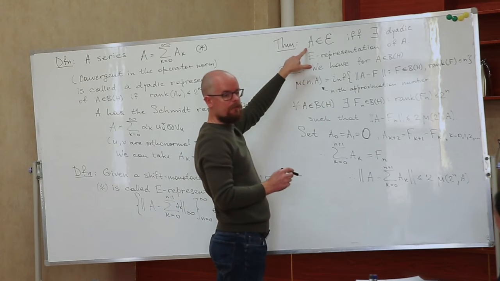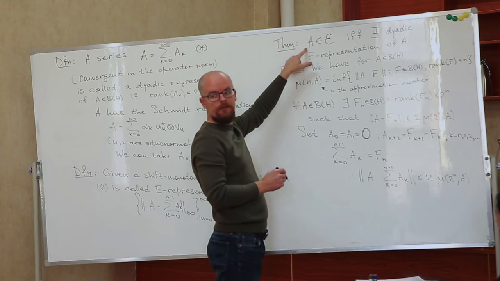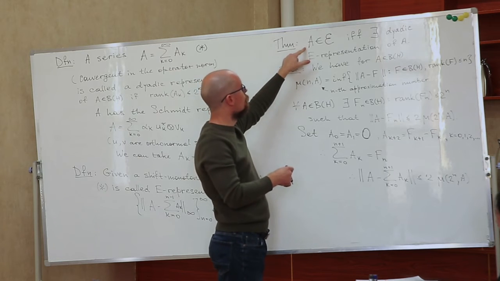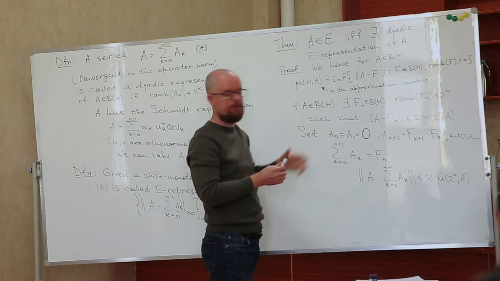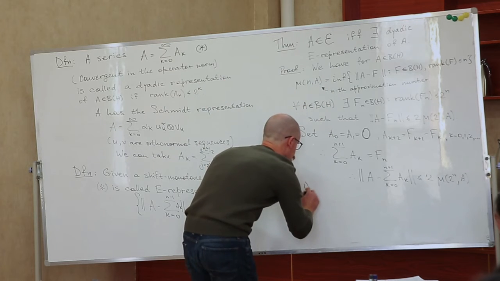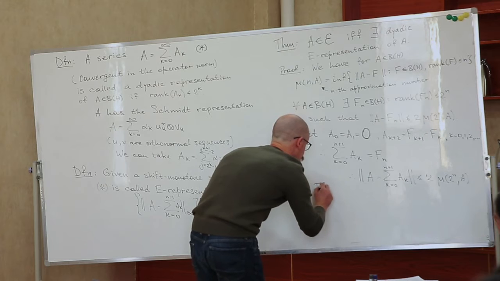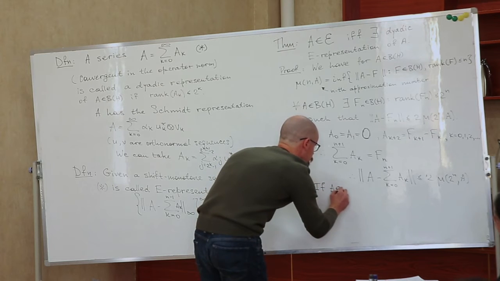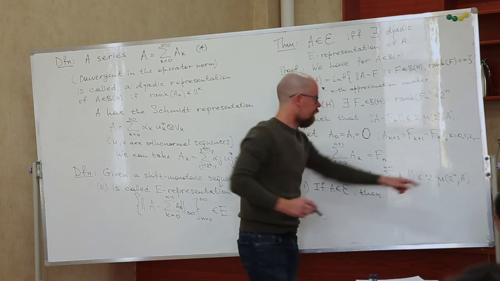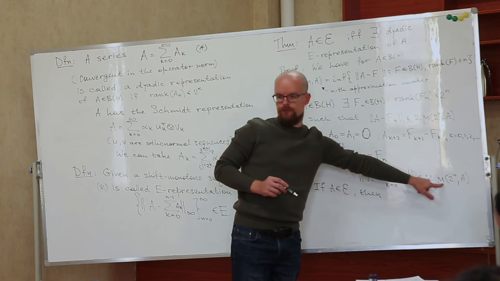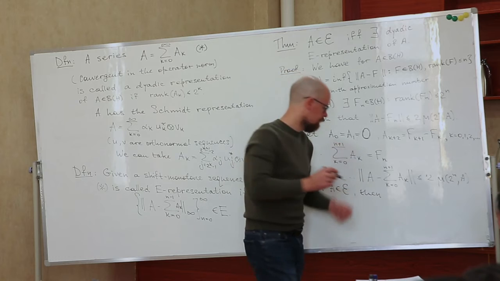Now we're proving that A is in E, so far we just had the observation for every bounded operator. Now let's go with the first part of the proof. If A is in curly E, then this sequence belongs to the straight E by correspondence.